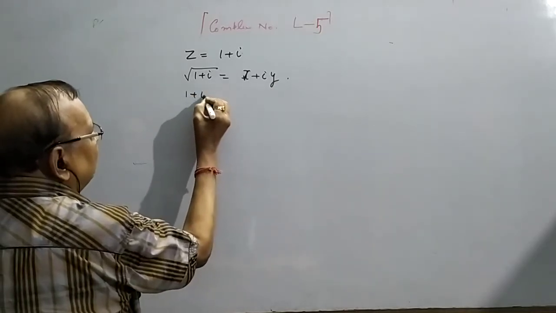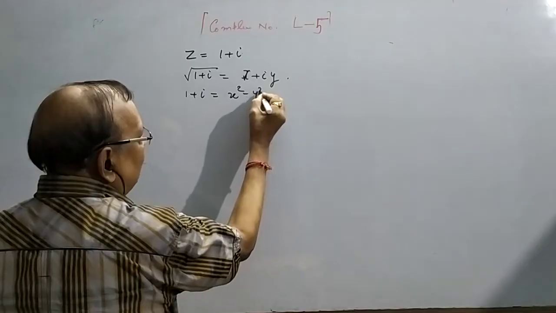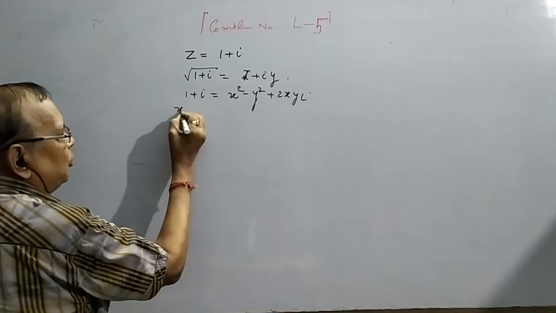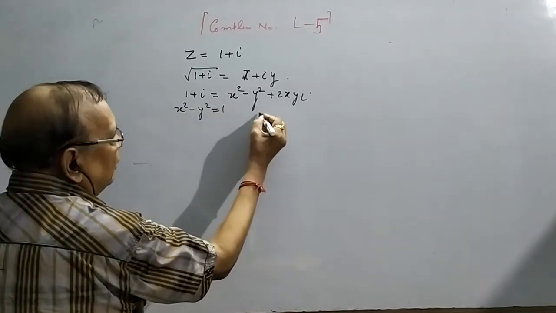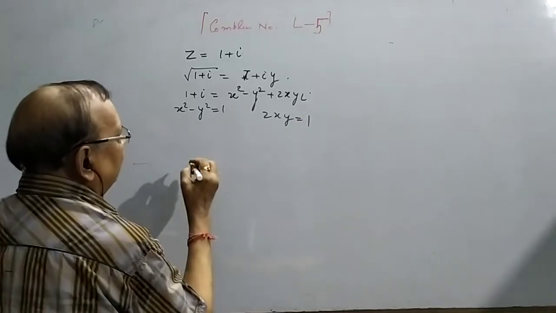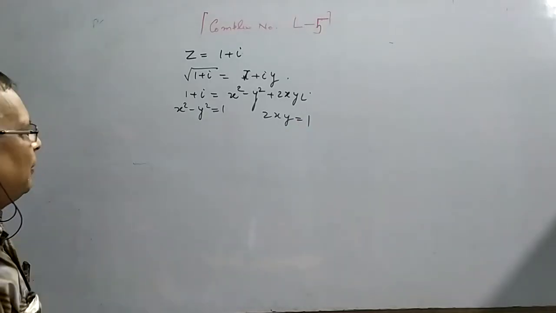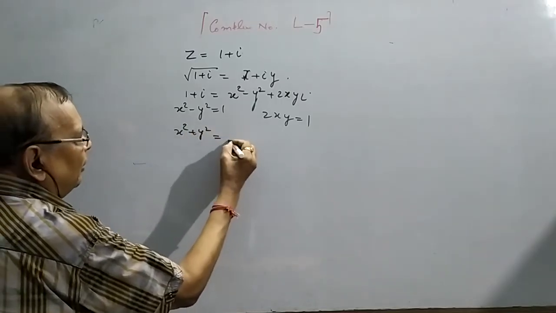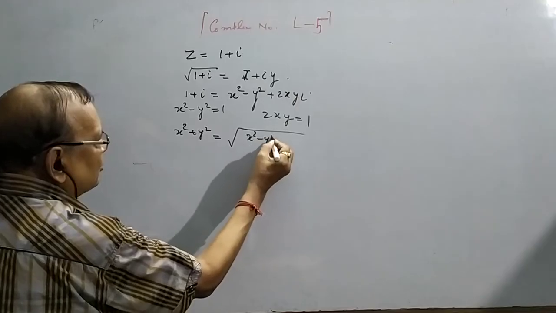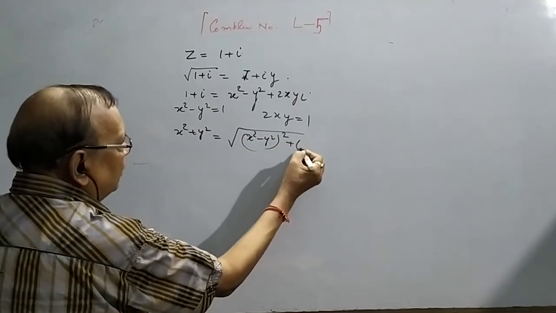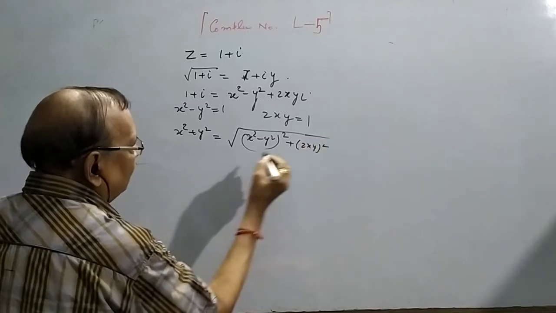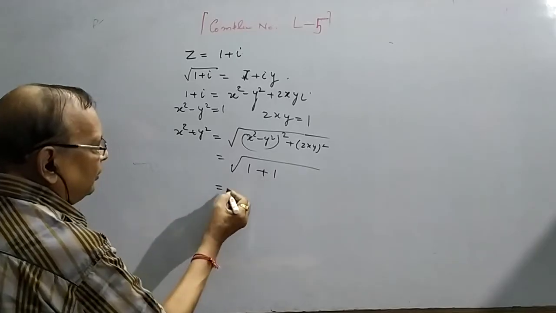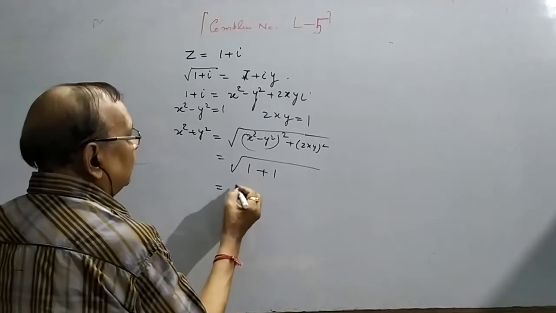Again we get the same thing, x square minus y square plus 2ixy. Comparing, I am doing it in short, 2xy is equal to 1, comparing the imaginary parts. So what are we getting? x square plus y square will be the square root of (x square minus y square) whole square plus (2xy) whole square. That will be the square root of 1 plus 1, that will be root 2.